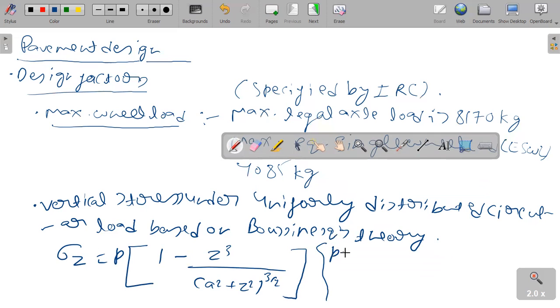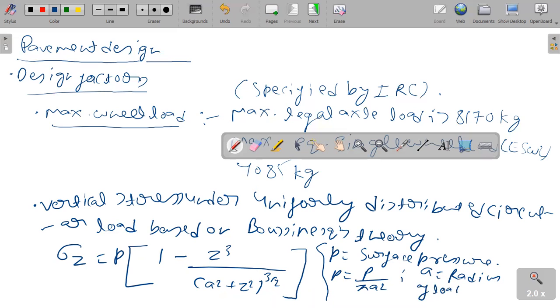Here P is surface pressure, and we further write P as P by pi A square, where A is the radius of the loaded area. So this is the vertical stress of a uniformly distributed circular load based on Boussinesq's theory.